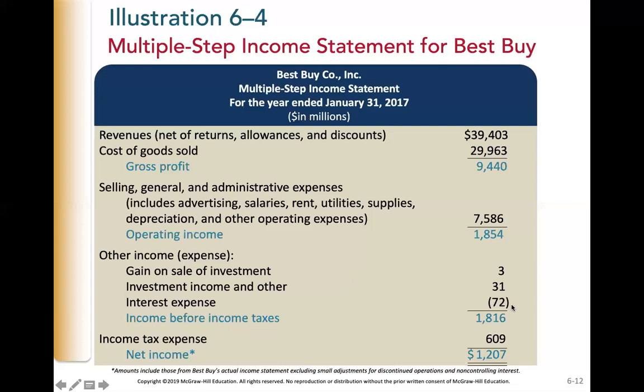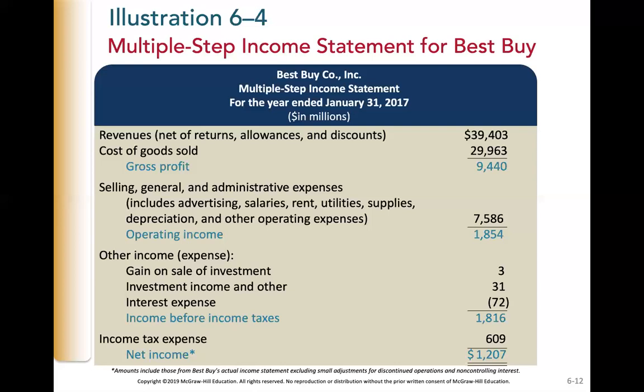The third level of profit is called income before income taxes. When you take your operating income and subtract your other expenses and add your other income, you have income before income taxes. Lastly, a company subtracts income tax expense to find its bottom line net income. Income tax expense is reported separately because it represents a significant expense to the company.